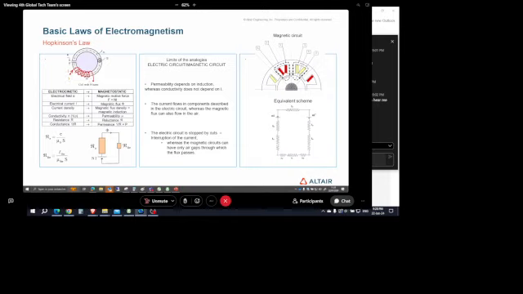On this torus, we are going to wind a coil with a given number of turns N, and we are going to supply it with current I. Right, so then how is the link, or analogy, made between magnetic circuit and electric circuit?